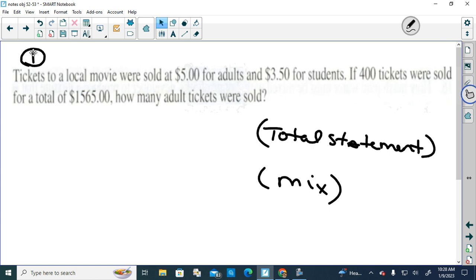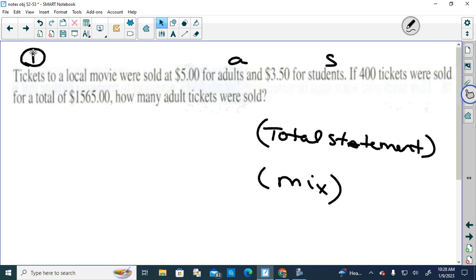Okay, so our total statement is we have adults and we have students. So I'm going to use an S. If I sold 10 students and 10 adult tickets, how many total tickets did I sell?